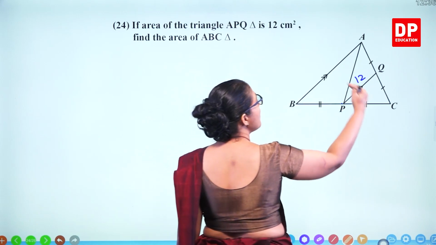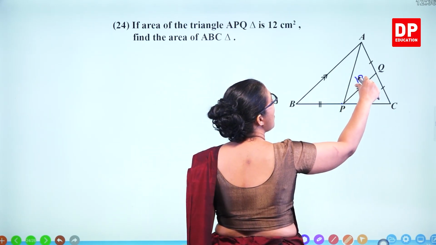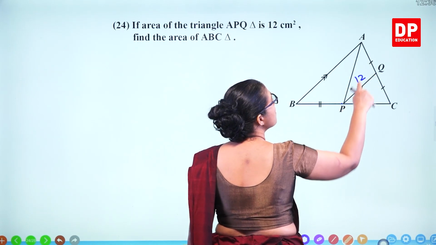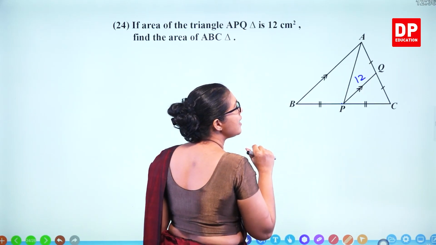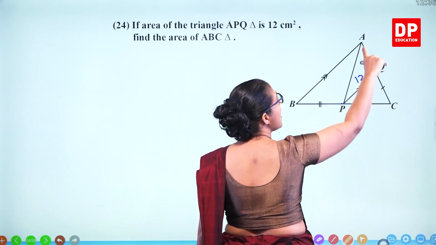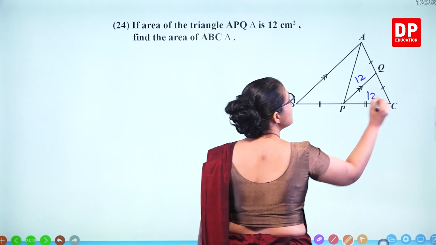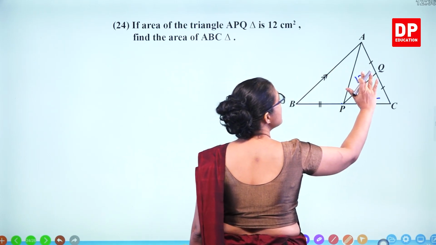So because of that, when it comes to this part, you get same as this. So areas are equal. So because the height is the same and bases are equal, this is also 12.